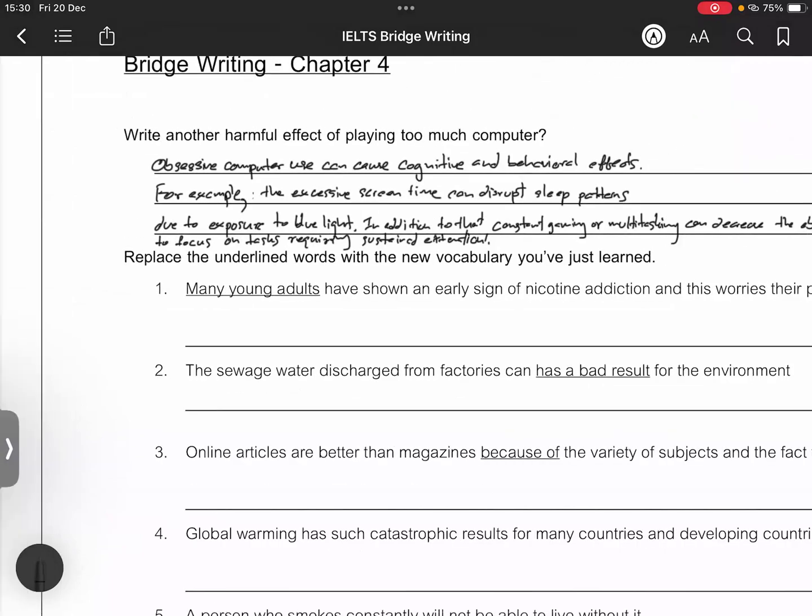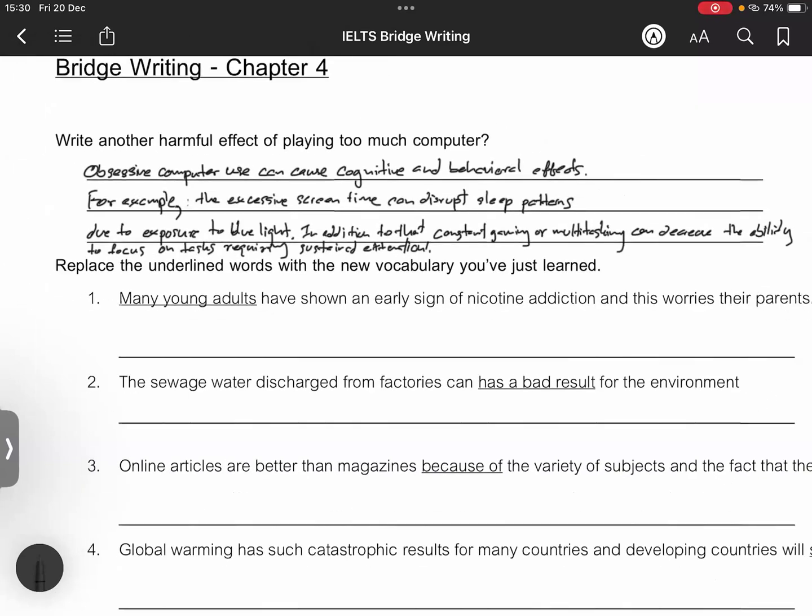Right. Okay, so basically, if a young person is spending too much time on computer, he will have a disrupted sleep pattern because of the exposure to the blue light from the screen, and also he will have a shorter attention span, right? Okay, because he has to be focusing on so many things at the same time.